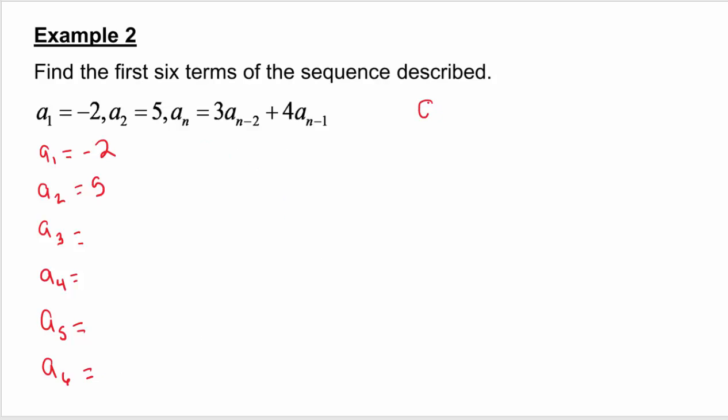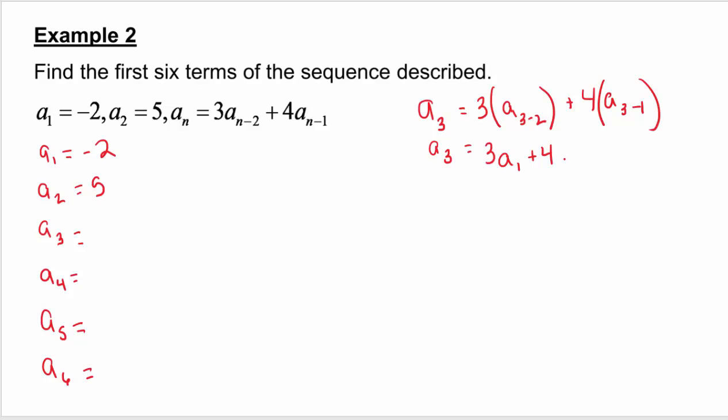So my third term, so n is 3 in this case, is equal to 3 times a sub n minus 2. Since n is 3, I have 3 times a sub 3 minus 2, plus 4 times a sub 3 minus 1, which really works out to be 3 times the first term plus 4 times the second term.